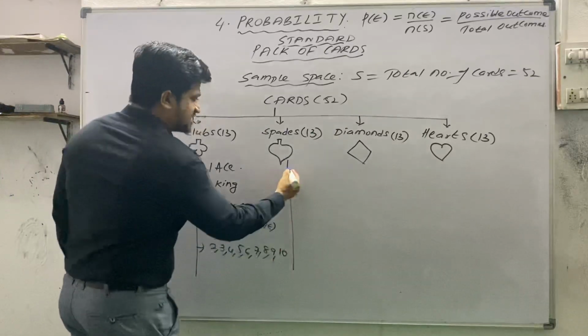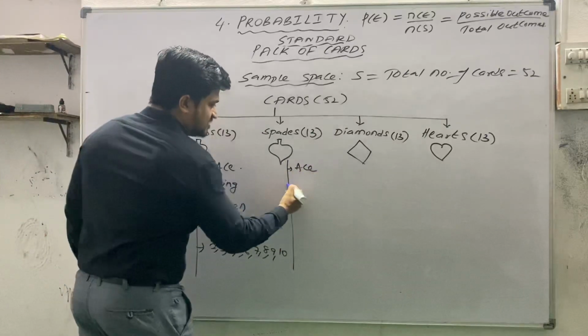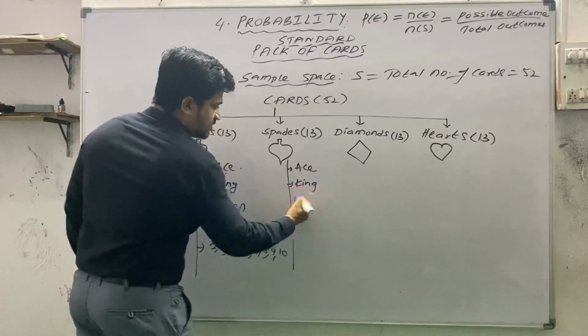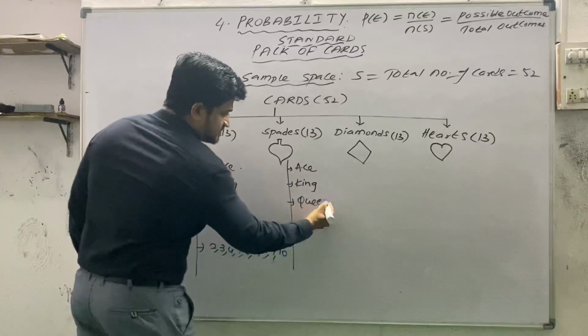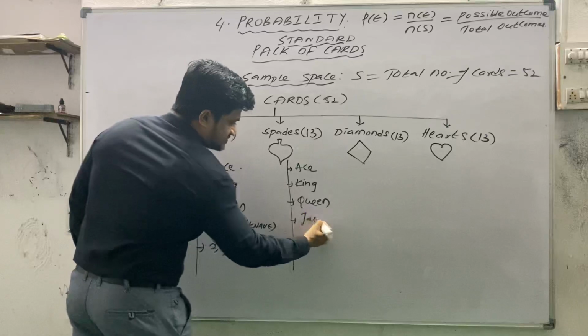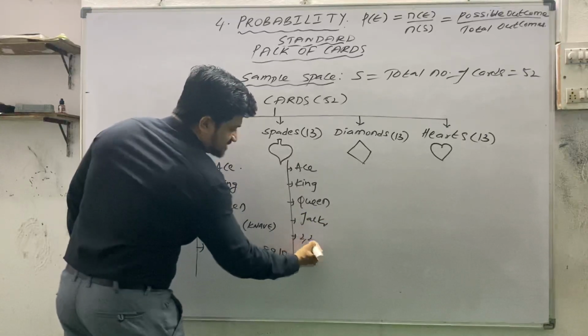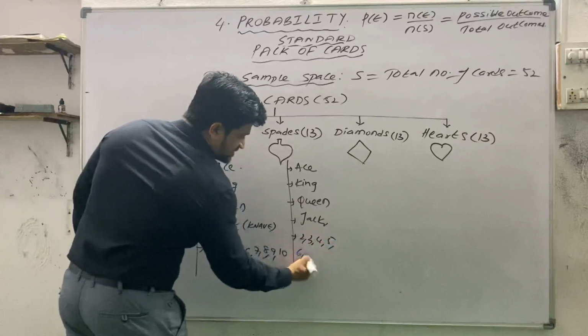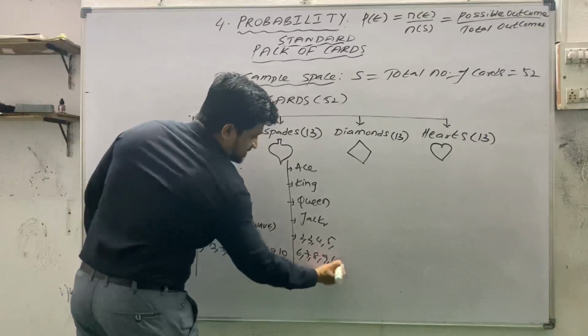In spades, again the same thing: we have 1 ace, 1 king, 1 queen, 1 jack, and the number cards 2, 3, 4, 5, 6, 7, 8, 9, 10.